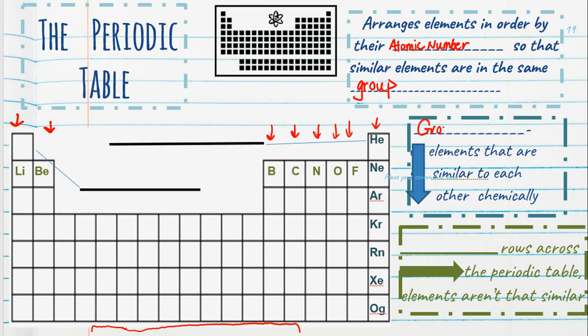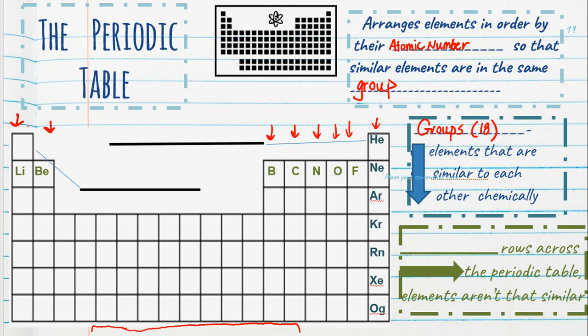They're called groups. And there are 18 of them on the periodic table. And if you have elements that belong to the same group, a lot of times they are pretty similar to one another chemically and physically. In other words, they look kind of alike and they react chemically in a similar kind of way, okay?